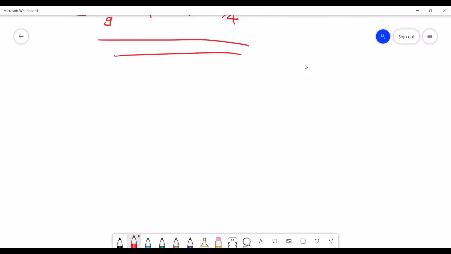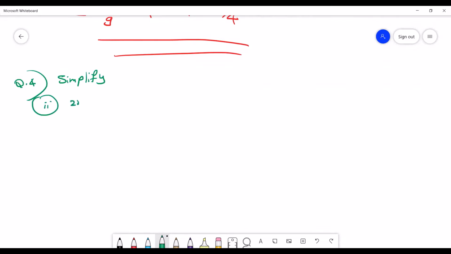Now let us come to question number 4. Question number 4 is saying to simplify, just saying simplify. So simplify means that with the application of this identity, we have to simplify it. Here I am considering the second question.